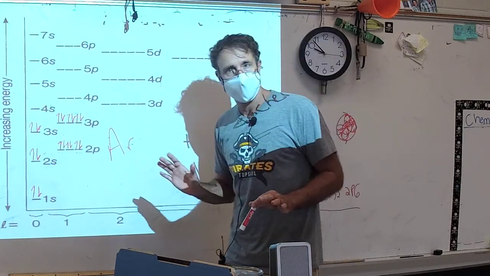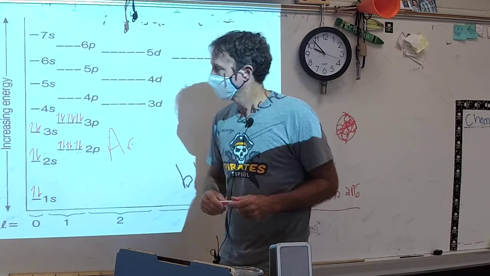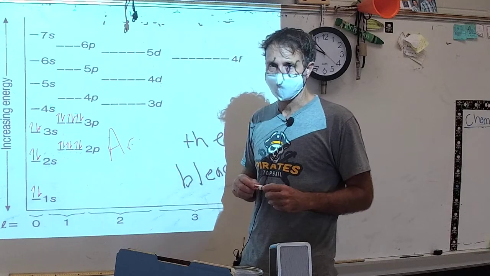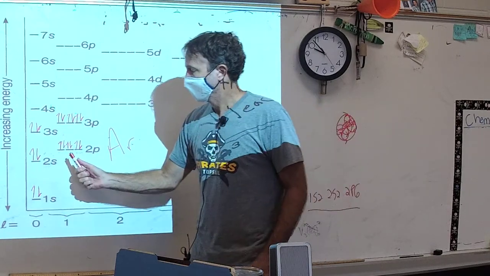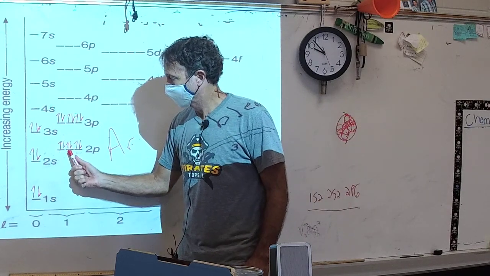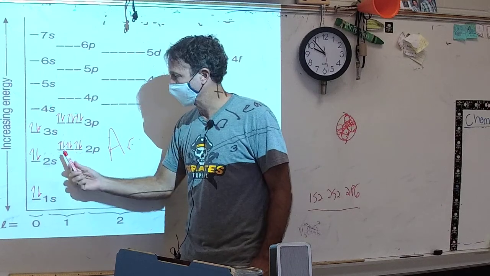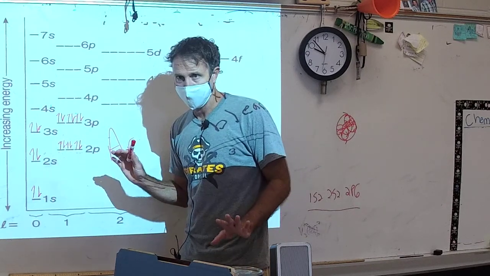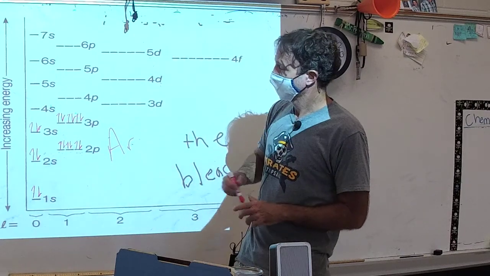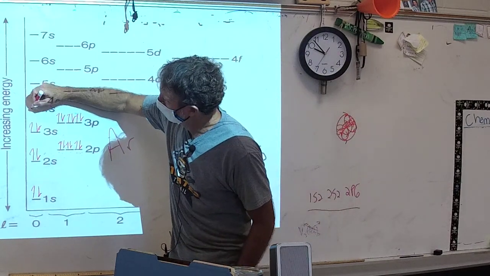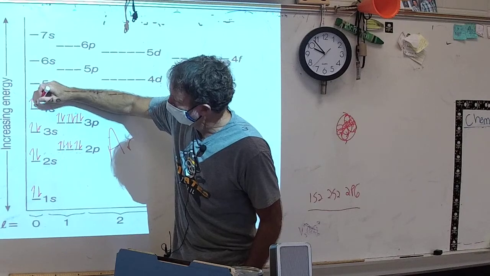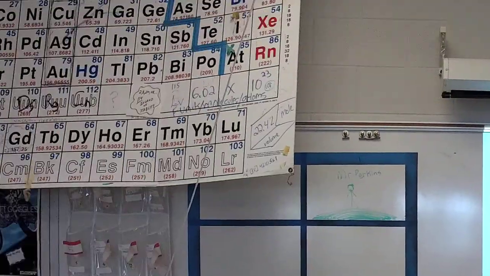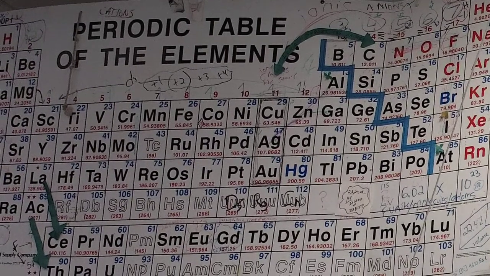The only way you can miss these is if you start adding your arrows to a dash here. You got to go up, up, up, and then down, down, down. It's hard to miss. Let's keep going. We're going to go up to potassium, and then calcium, and then now if you look at your periodic table, we've moved up to the d's.